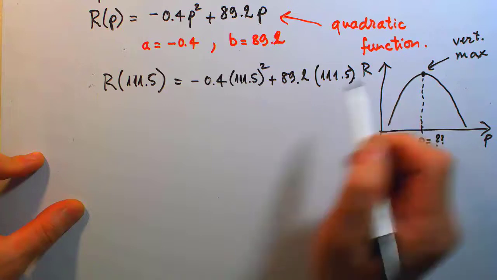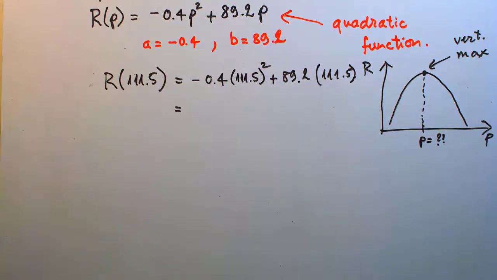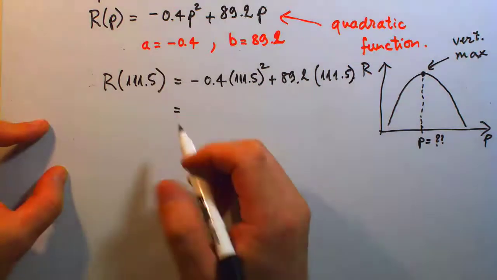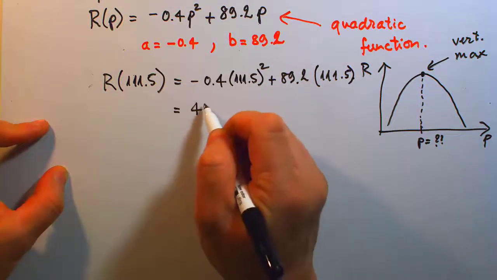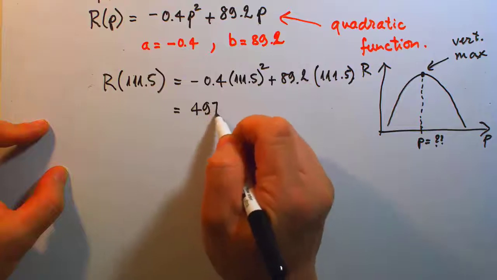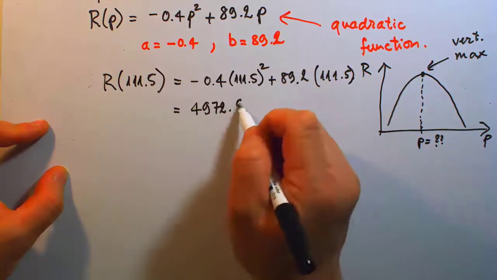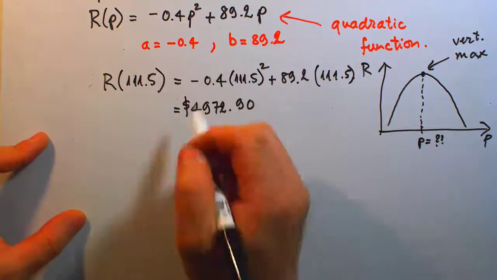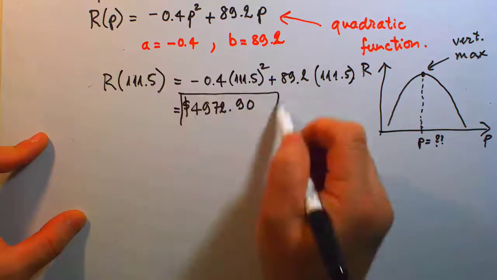The calculation now shows that the maximum daily revenue turns out to be $4,972.90, to be clear.